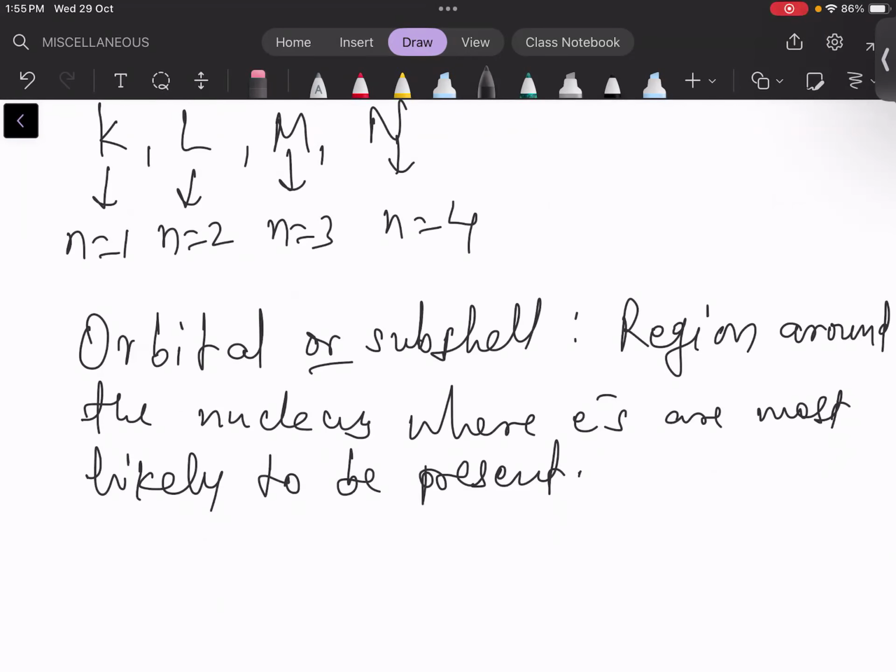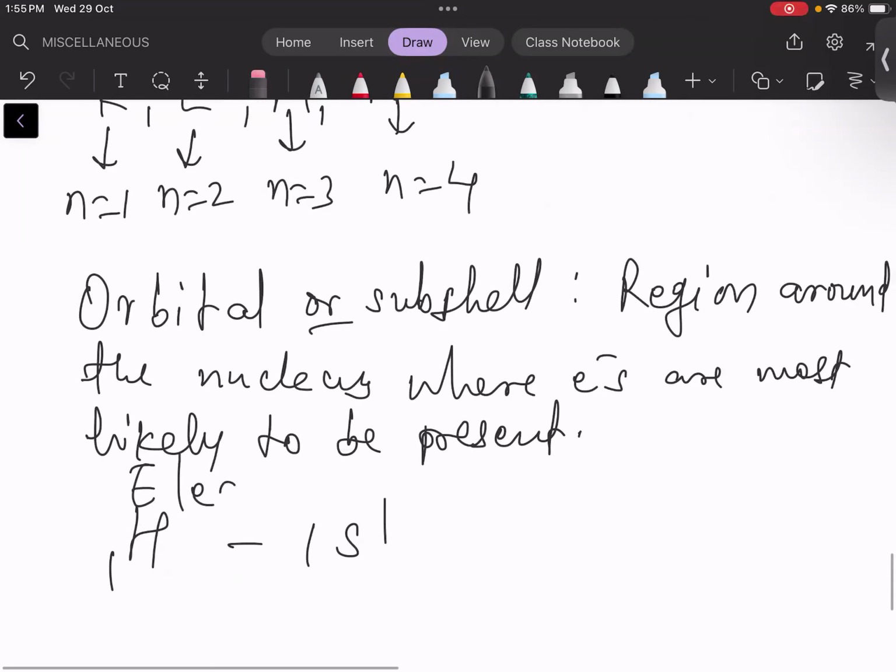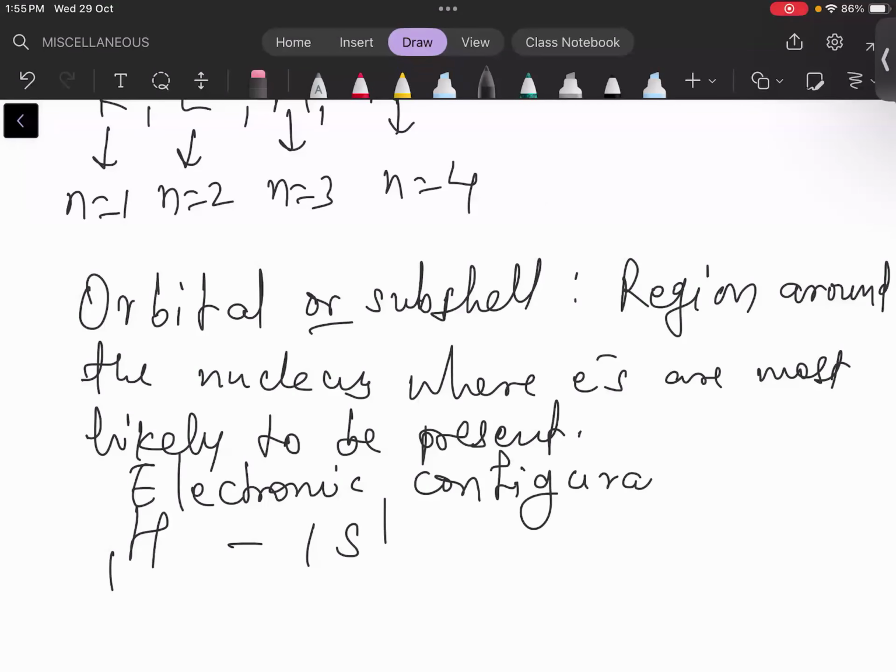Now while writing electronic configuration, hydrogen, atomic number is 1, so electronic configuration 1s1. What is electronic configuration? Distribution of electrons amongst various shells and subshells.